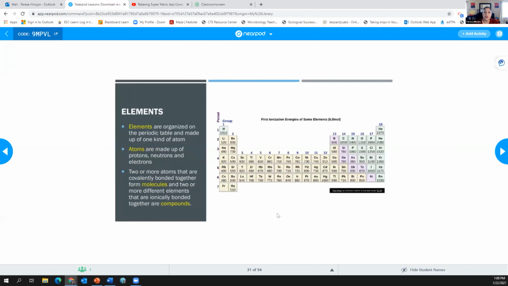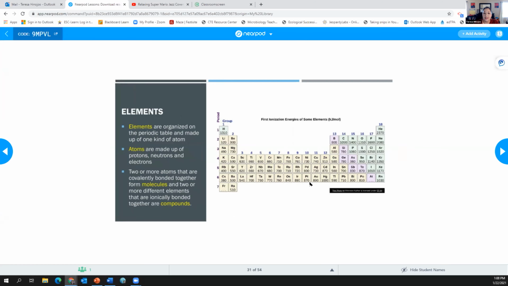Okay, so in the chemistry component, there are also elements, right? So matter is made up of elements, compounds, mixtures, but an element is going to be found on the periodic table and it's made up of only one type of atom. And the periodic table, this one isn't complete, it's just an example, but on the periodic table, those are the only elements that we have.